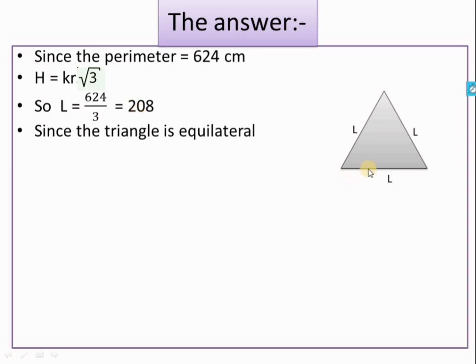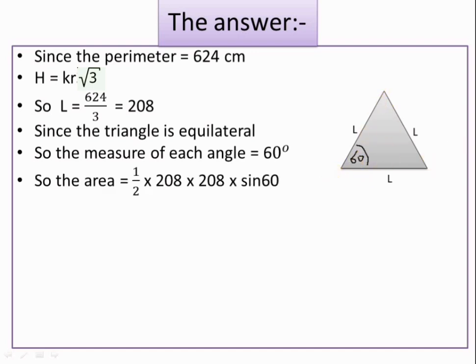And since the triangle is equilateral, that means each angle here is 60. Now I can get the area of this triangle, because the area of a triangle equals half the multiplication of any two sides times the sine of the angle between them, and hence it will equal 208 squared times root 3 over 4.